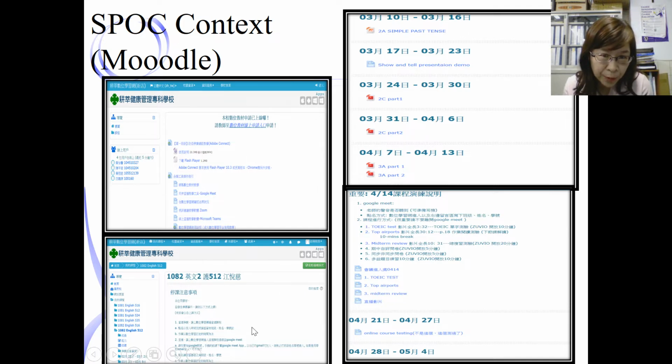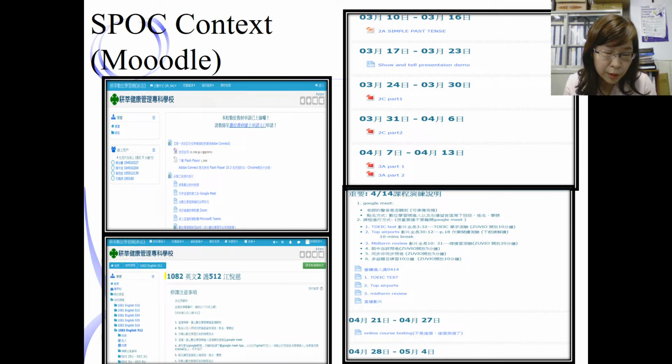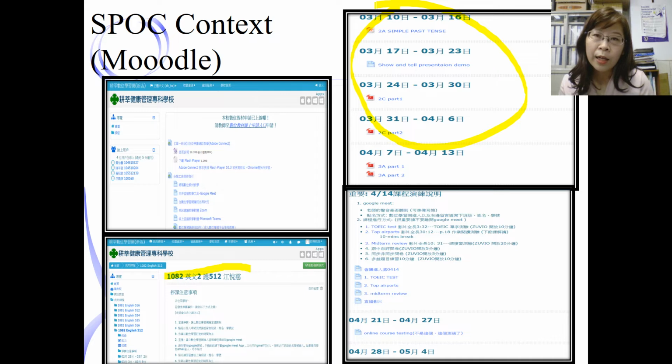In this picture you can see this is the class, and there are different dates. The teacher puts all the materials online, and there are also videos.